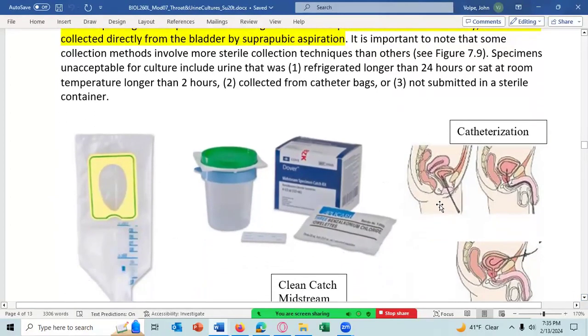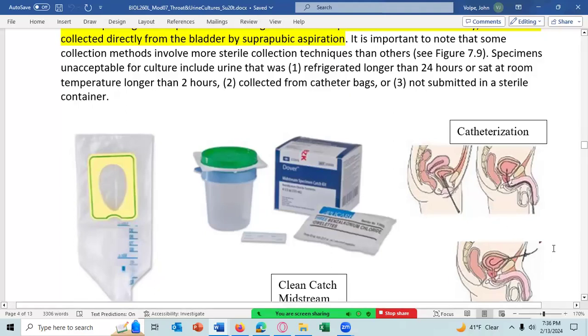The trouble is the catheter can pick up bacteria from the urethra and then transfer the bacteria to the urine in the bladder, and then you'll get the urethra bacteria that way. So even the catheter is not, what's the word, sterile. You will get bacterial contamination using a catheter.